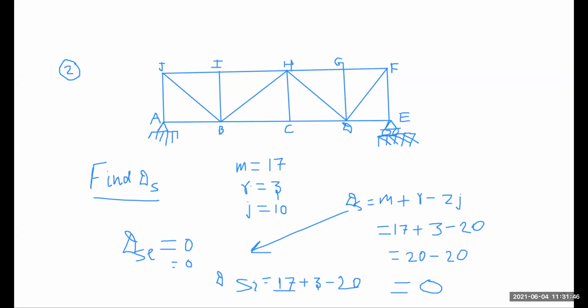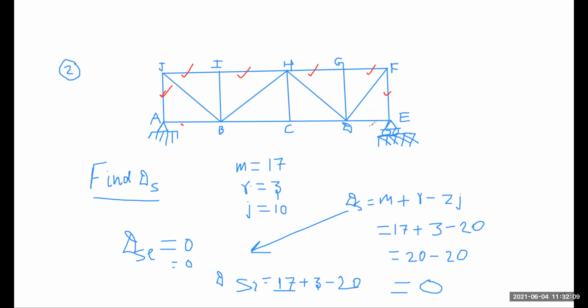Again, I count the number. I think someone has some problem in counting. So for them, I count the members as 1, 2, just start from here in clockwise direction, 2, 3, 4, 5, 6.